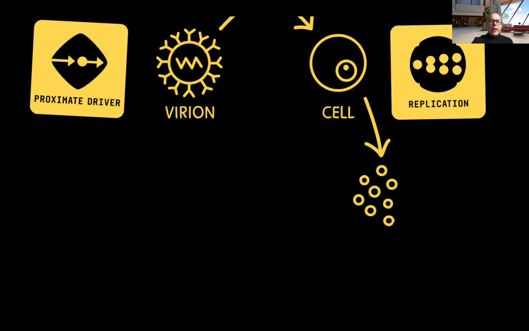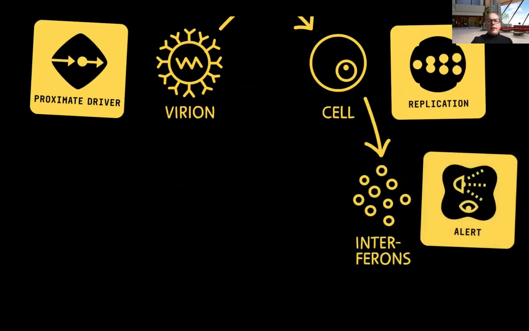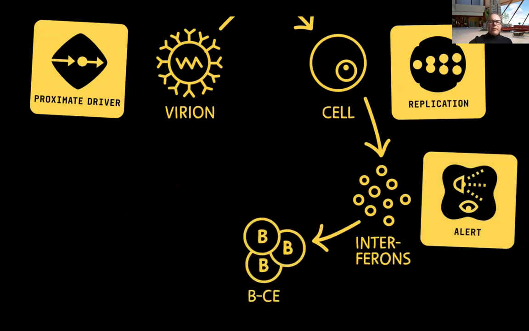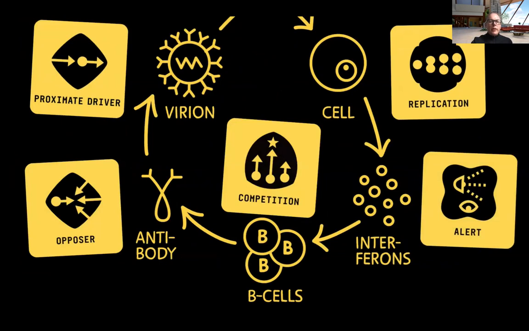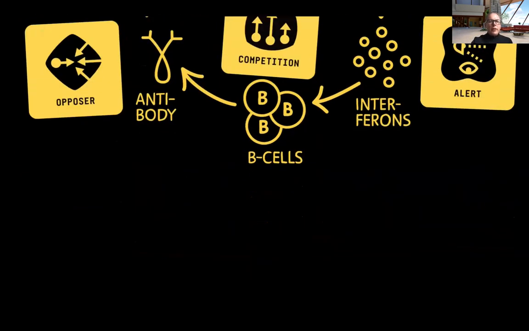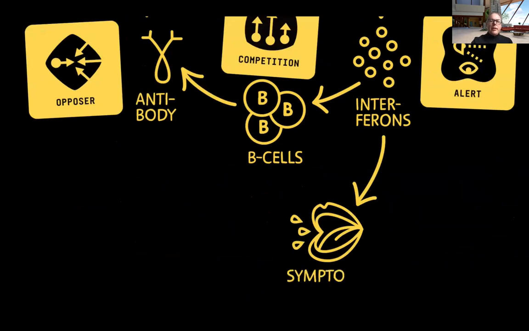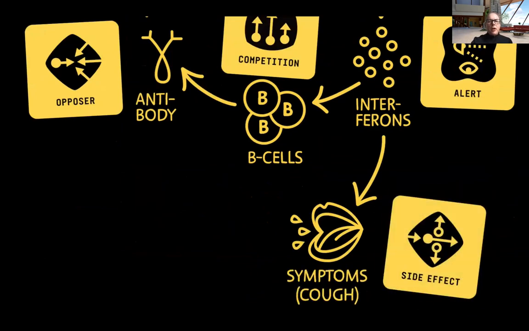And then we can see how an infected cell will give off these interferons, which are a form of alarm, which cause the B cells to activate. And the B cells create these antibodies. The best ones are sent on to confront the virus. But one of the side effects of interferons is they cause us to have symptoms like coughing to ward off the infection.